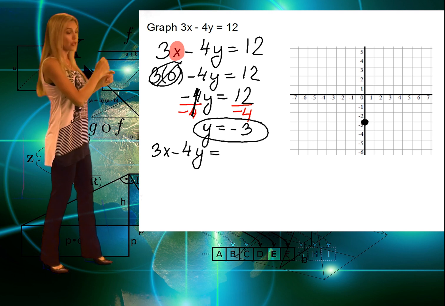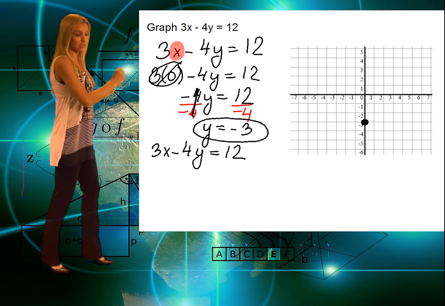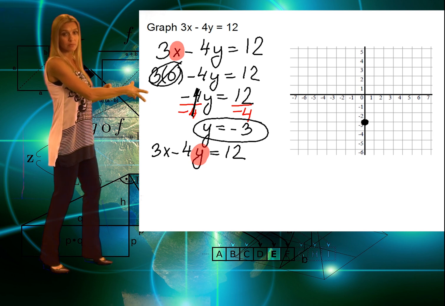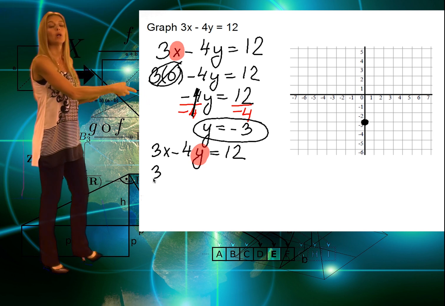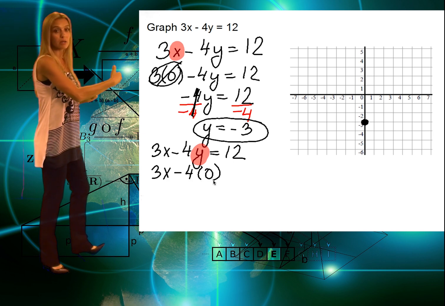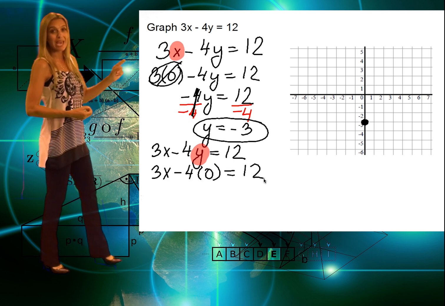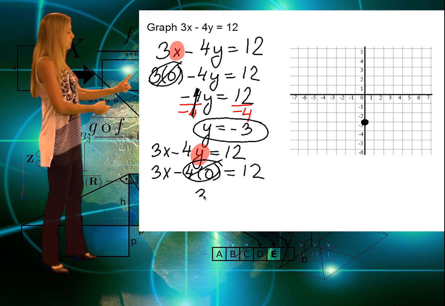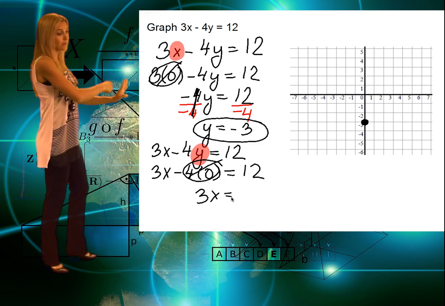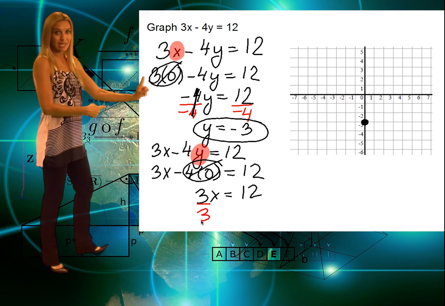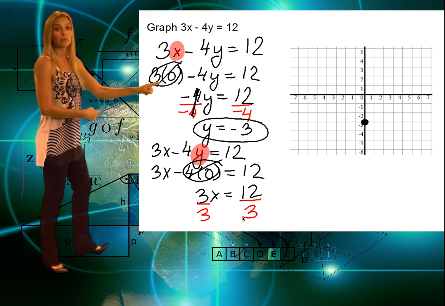So I have 3x minus 4y, and we're substituting in 0 for the y this time around, equals 12. Well, 4 times 0 is what? 0, so that's gone. And I'm left with 3x equals 12. I'm solving for my x, so that means I want just 1x, so divide both sides by 3. 3 divided by 3 is the 1x. 12 divided by 3 is 4.